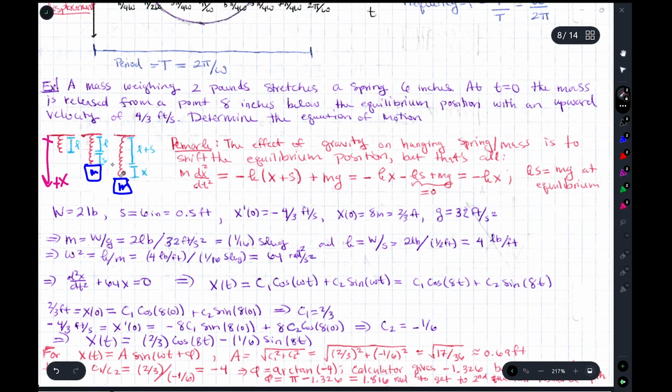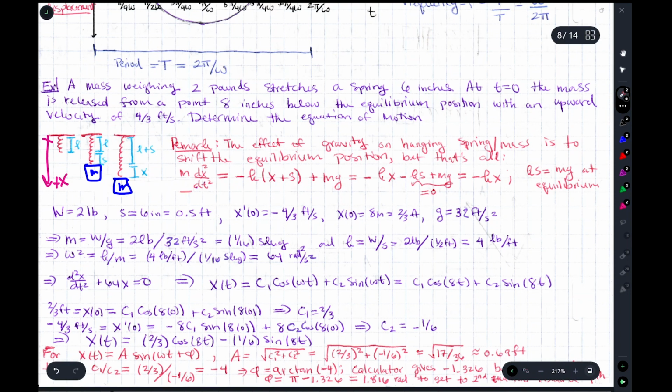So here it's in equilibrium. This S is defined where this is in equilibrium, so the force of gravity is equal to the force of the spring there. Equal and opposite. And x is what's stretching beyond that.